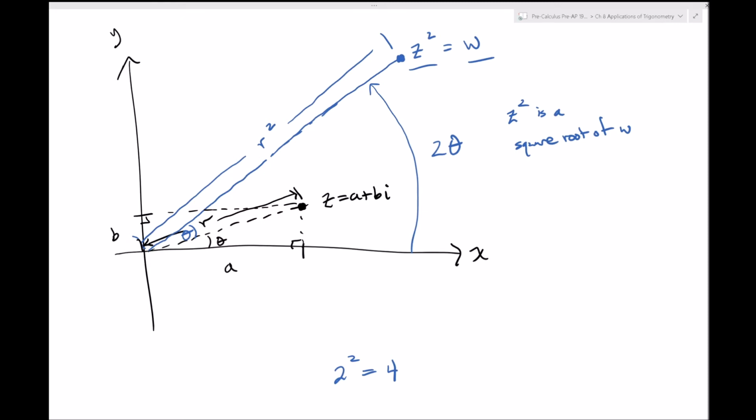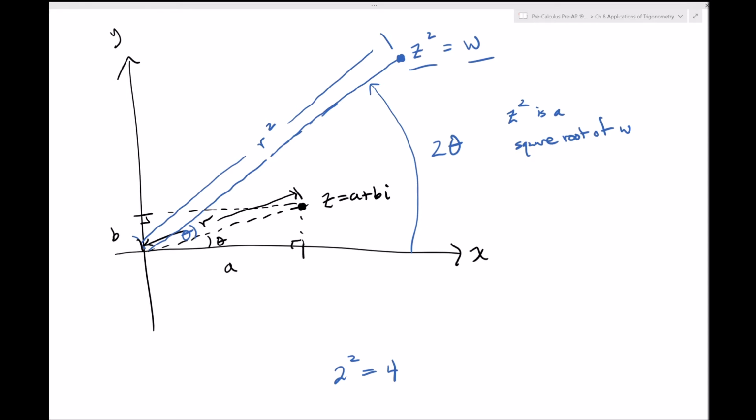Every real number has 2 square roots. You might think that's not true, but it's actually true if I extend my roots to complex numbers. There's only one number for which that's not true, and hopefully you know which number. For 0, the only square root of 0 is 0.